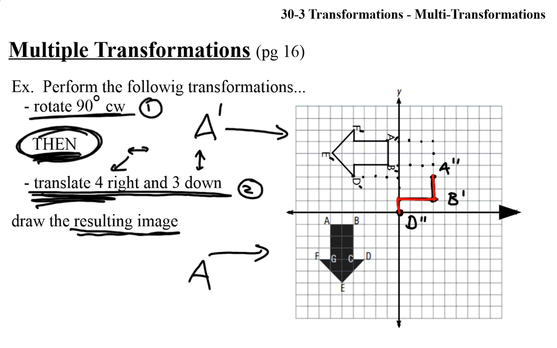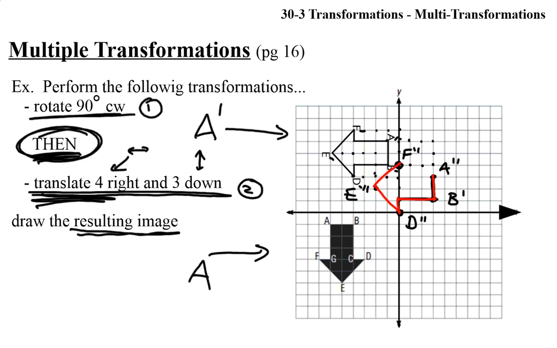Now, E is a little trickier because it's the point. So 1, 2, 3, 4, 1, 2, and there's my E double prime at that point. So D double prime to E double prime, F double prime: 1, 2, 3, 4, 1, 2, 3 down. There's F double prime.